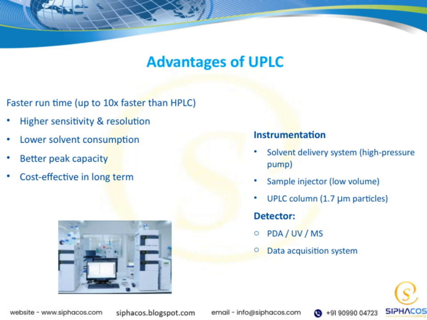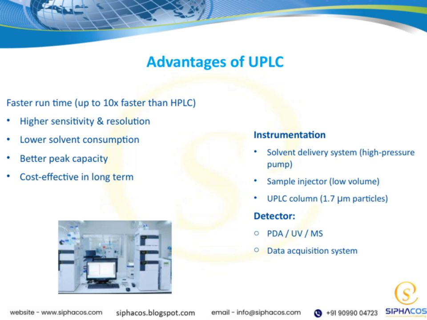Let's take a closer look at the instrumentation involved in UPLC. First, we have the solvent delivery system, which is essentially a high-pressure pump that moves the solvents through the system efficiently and reliably. Next, there's the sample injector, designed for low-volume injections to ensure precision and minimize sample waste. The core of the system is the UPLC column, which uses very small particles, around 1.7 micrometers, allowing for better separation and faster analysis.